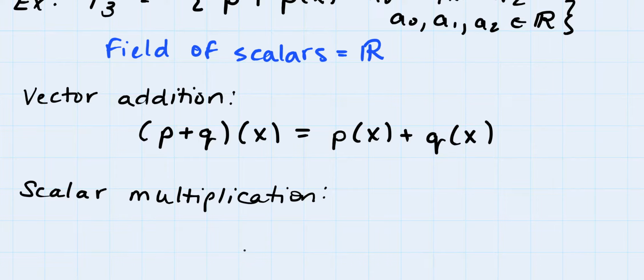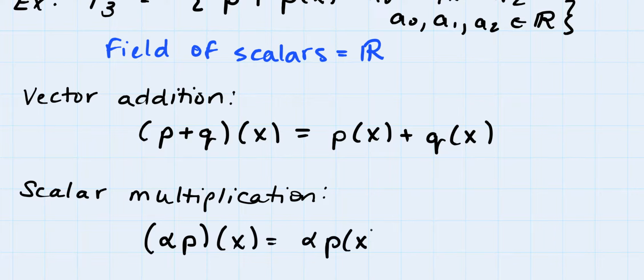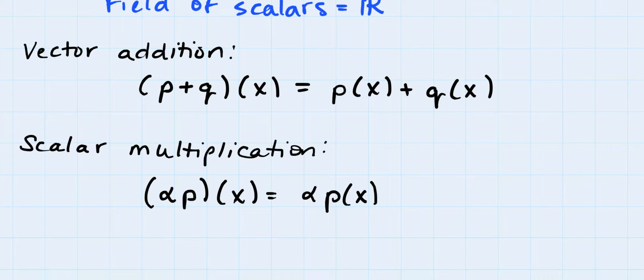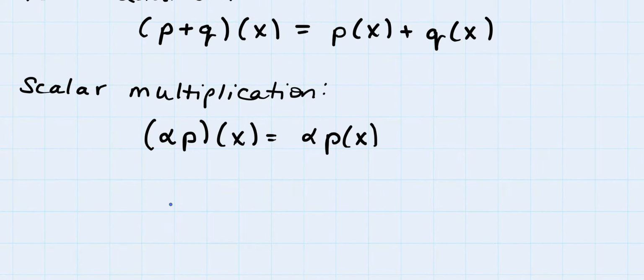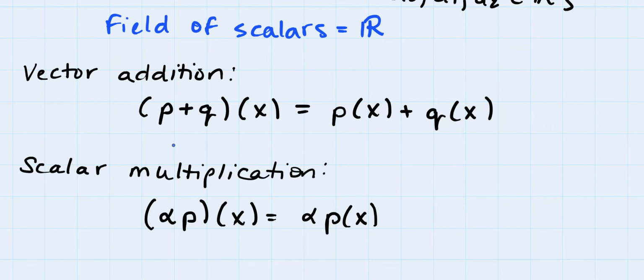For scalar multiplication, when we take a scalar and multiply it by a vector in P sub 3, if we evaluate it on x, it's the same thing as evaluating p on x and then multiplying it by the scalar. So this is a vector space.